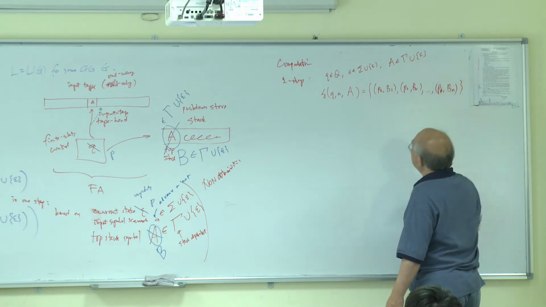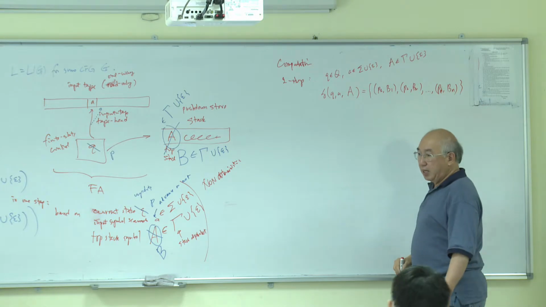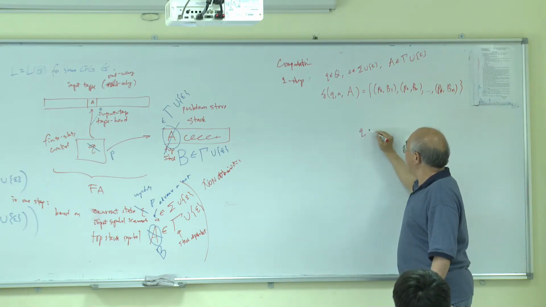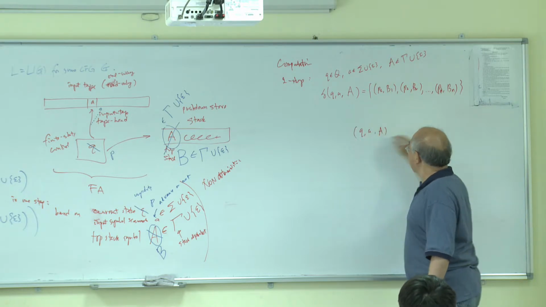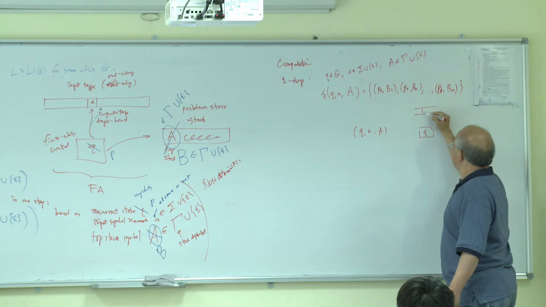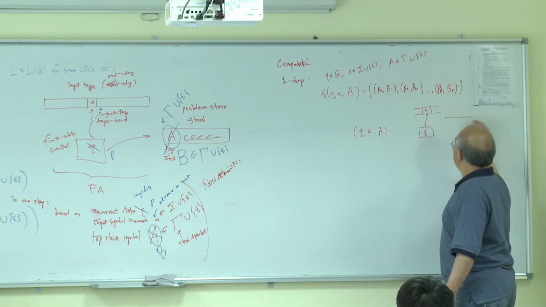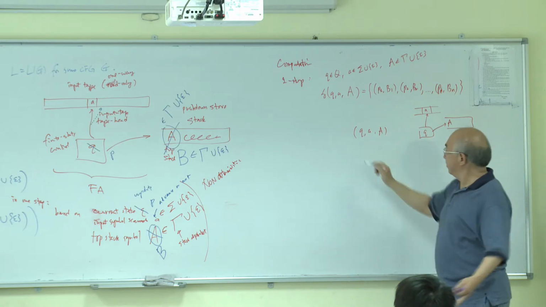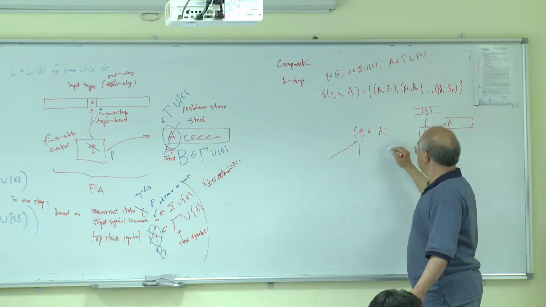So actually, the idea is that from this configuration, say q, a, you can draw this picture like we can say q, and then sensing a, right? And then the top stack is A, right? And then it branches to all these possibilities.